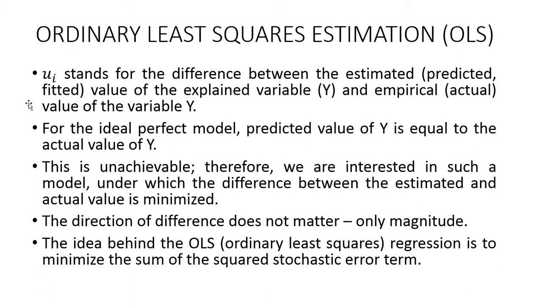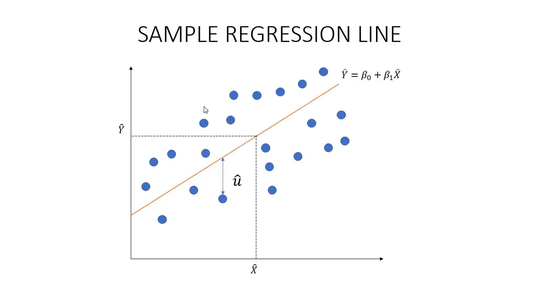So in a perfect universe, there would be no difference between the expected value of the dependent variable and the empirically observed value of the dependent variable. However, this is not the case. Whatever you do, your regression line is never good enough to go through all of those empirical values.